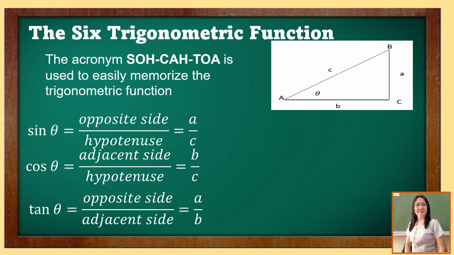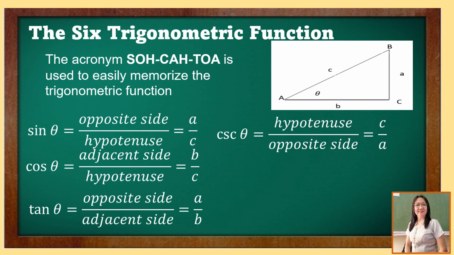For the reciprocals, we can easily find our secondary trigonometric functions by taking the reciprocals. For sine theta, the reciprocal is cosecant theta. It is described as hypotenuse over the opposite side.